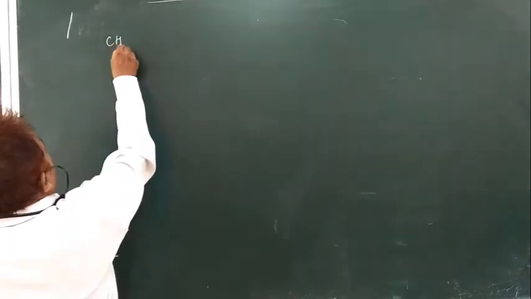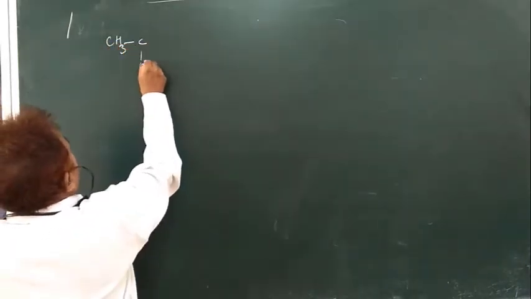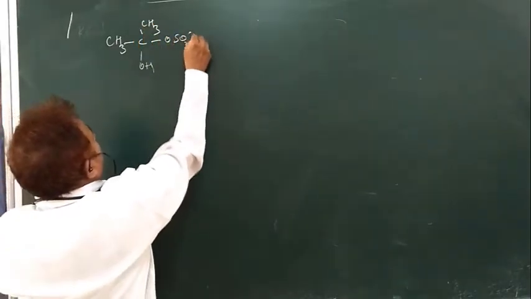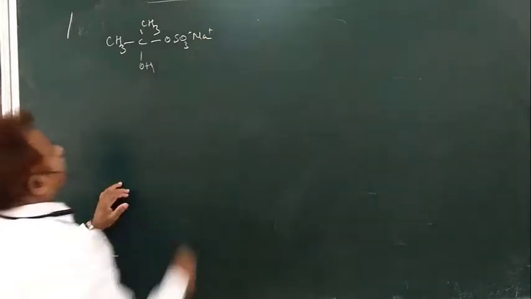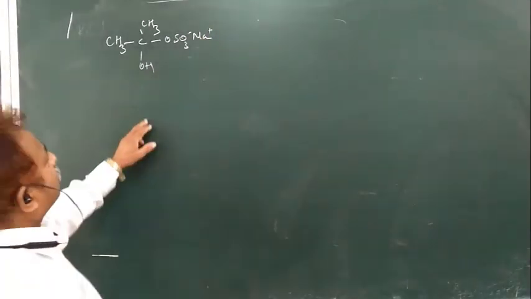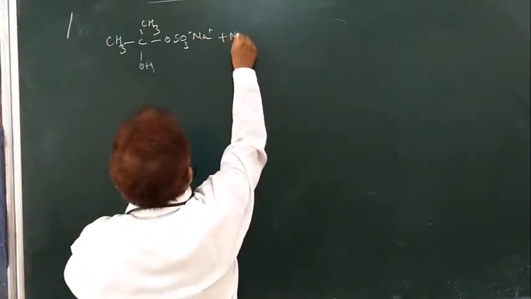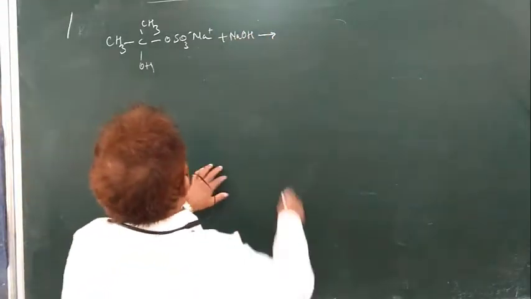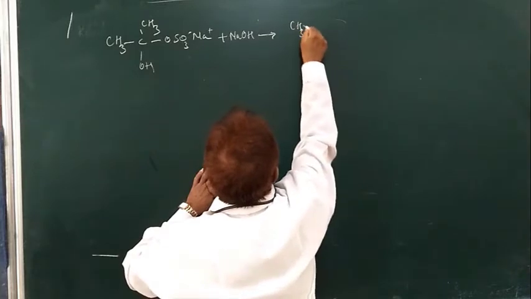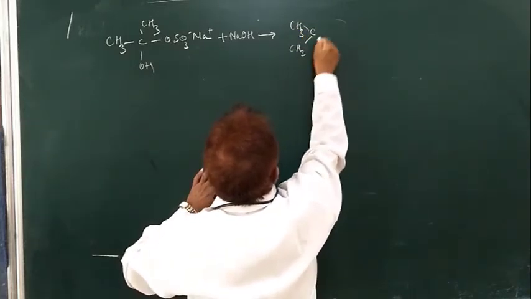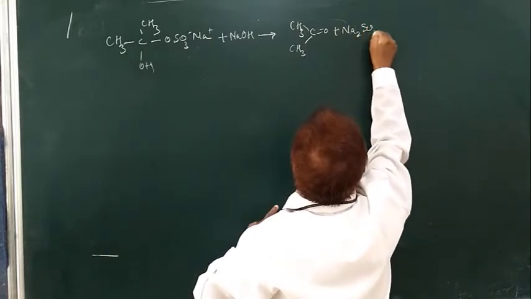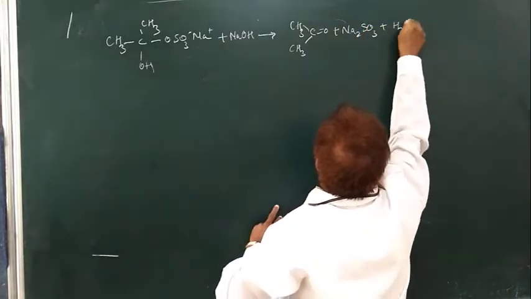Now let us see the reaction. This is a bisulfite addition product of a ketone. This is treated with alkali. What do we get here? We get back the original substance plus Na2SO3 plus H2O.